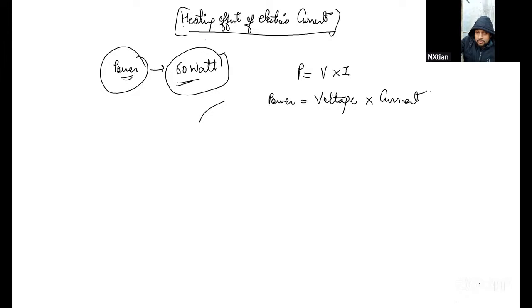Yes or no? Okay. Now this is 60 watt upon voltage, which is 220 volt, and when you divide it, you will get 6 upon 2 as a current. And when you further divide it, it means that 60 divided by 220 is 0.27.